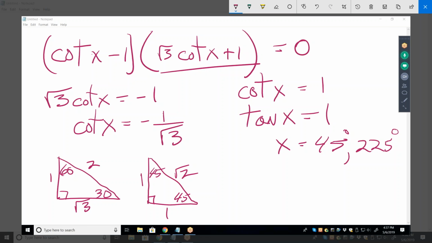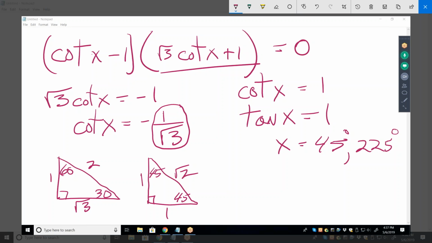So what would the cotangent of 60 degrees be? Or excuse me, let me reverse that. What is the tangent of 30 degrees equal to? Root 3 or 1 over root 3. Let's not rationalize it, because we've got it in unrationalized format and it'll just confuse us to put it in rationalized format.